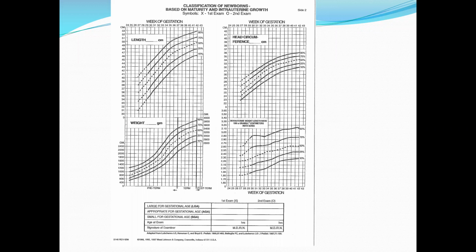Is the scoring for the physical maturity the same as the neuromuscular? Yeah, the -1 lines up, the 0 lines up. So for the -1, you subtract 1 from the total.